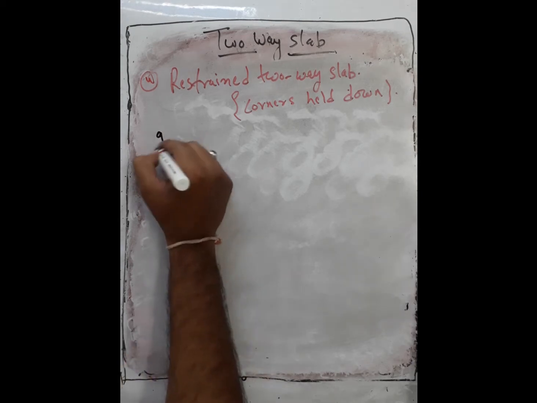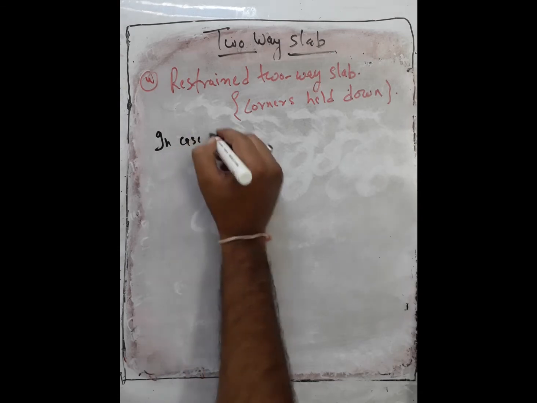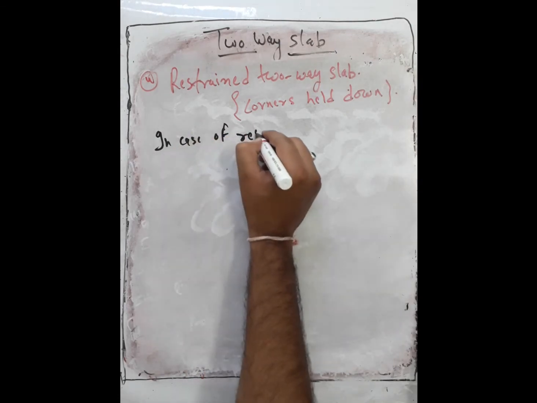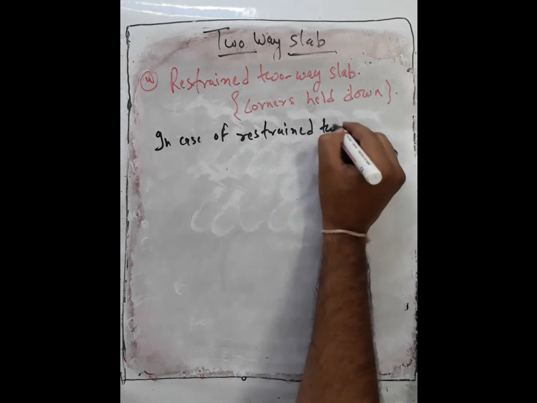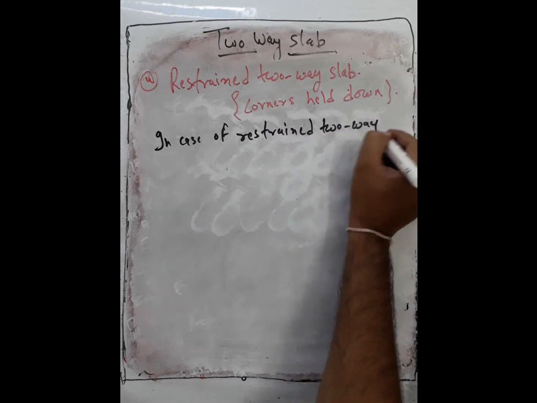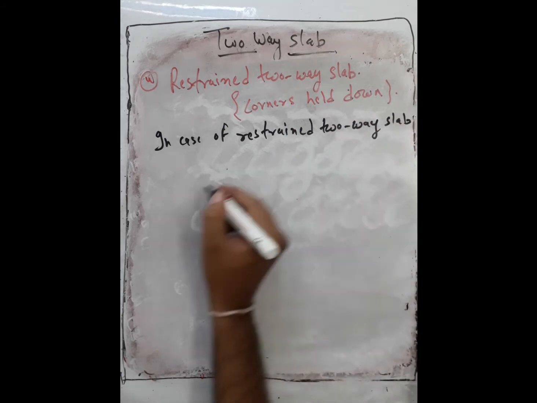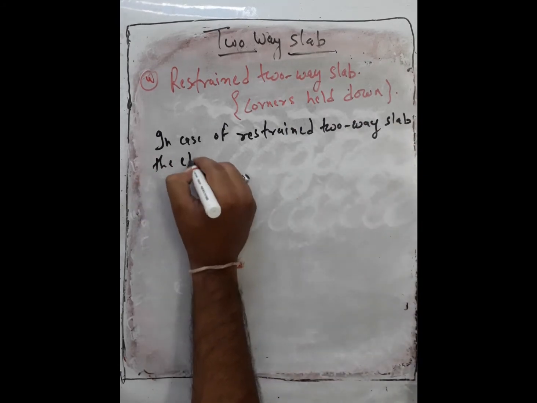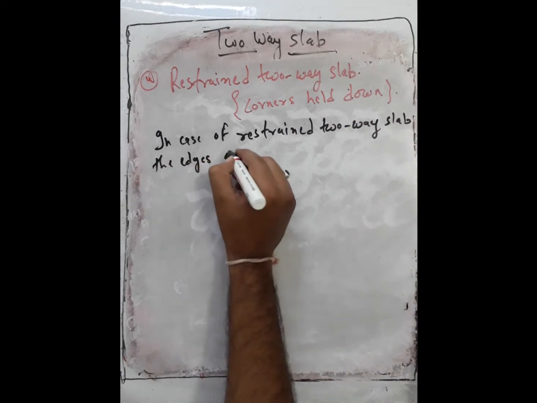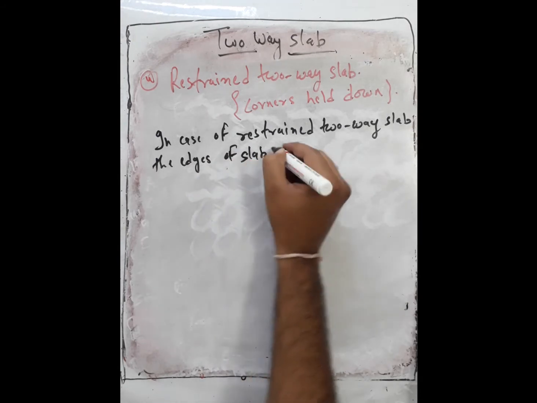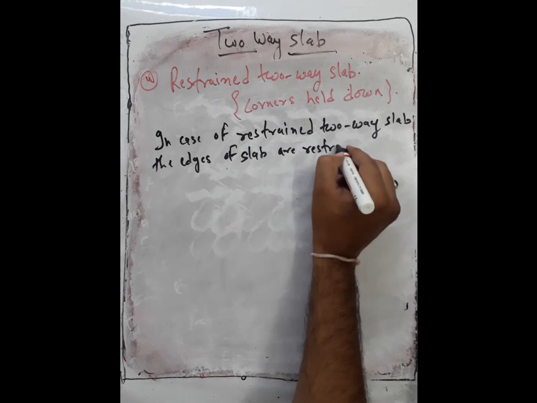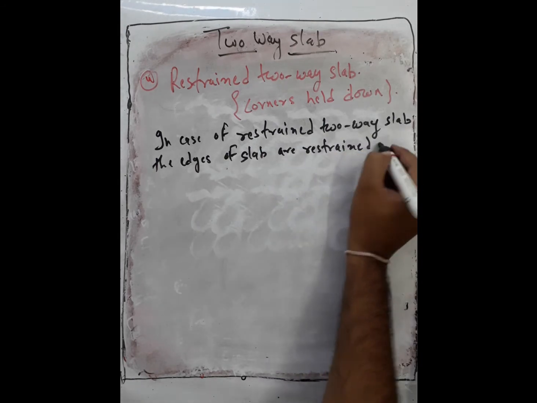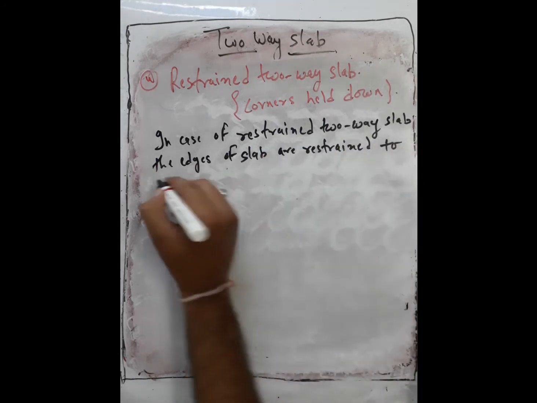In case of a restrained two-way slab, the edges of the slab are restrained to the beams.